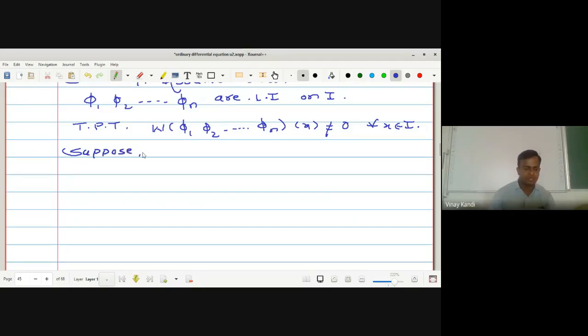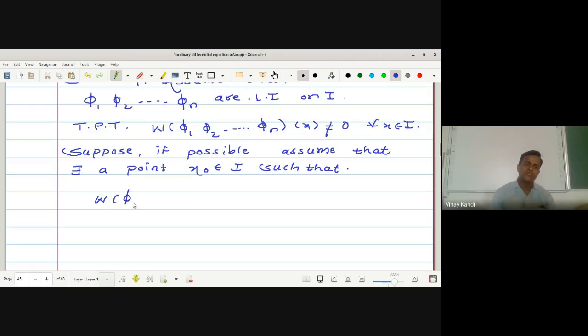Suppose, if possible, assume that there exists a point x naught belongs to I such that the Wronskian of phi 1, phi 2 up to so on phi n at point x naught is equal to 0.